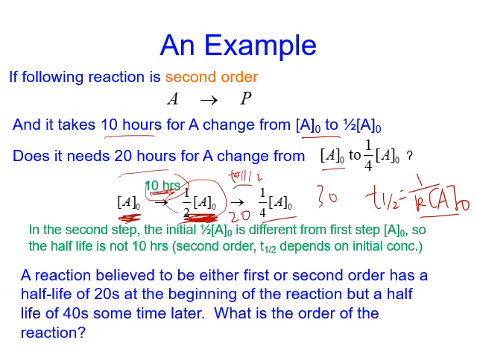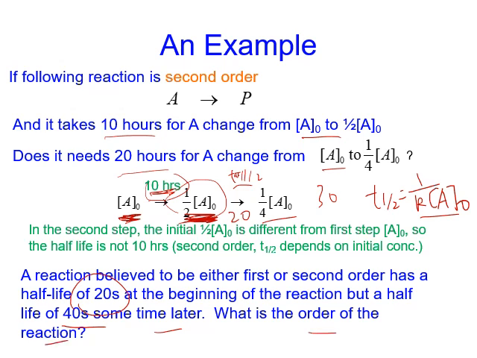Here's another example. A reaction believed to be either first order or second order has a half-life of 20 seconds at the beginning of the reaction, but a half-life of 40 seconds sometime later. So during the reaction, the half-life changed because the concentration changed. What's the order of the reaction?